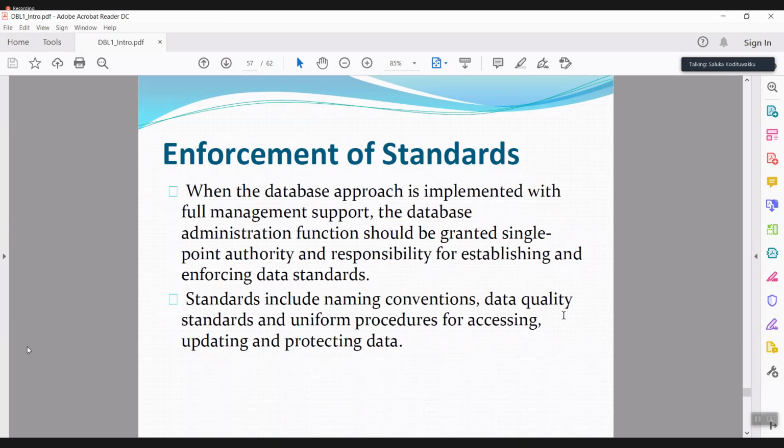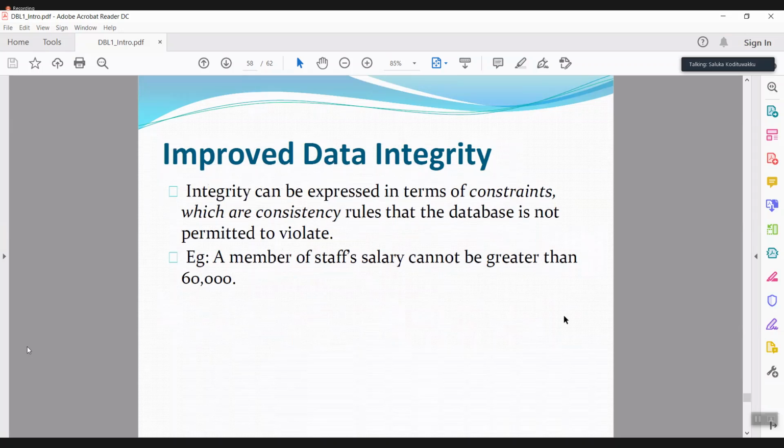Like we talked about earlier, they define who is authorized and who has the access rights and all those things.